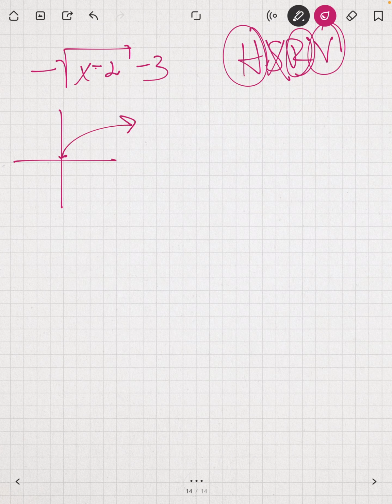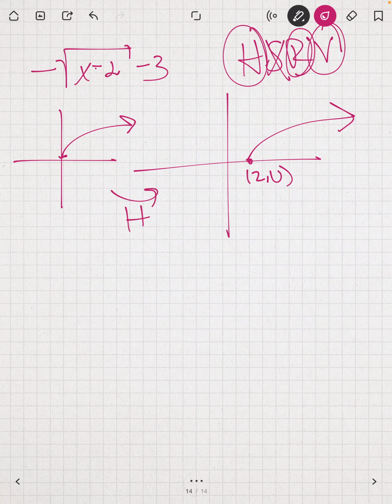And so if we do our horizontal, we're going 2 units to the right. So this is at 2, 0. Looks like that. Horizontal shift, then a reflect, and it's the negative out front, so it's about the x-axis.